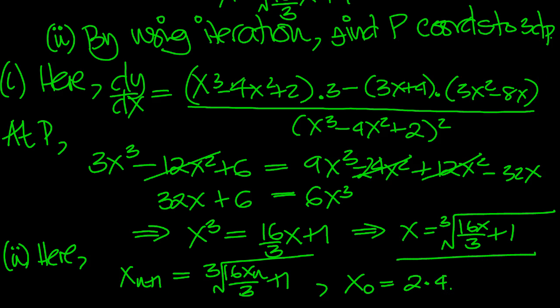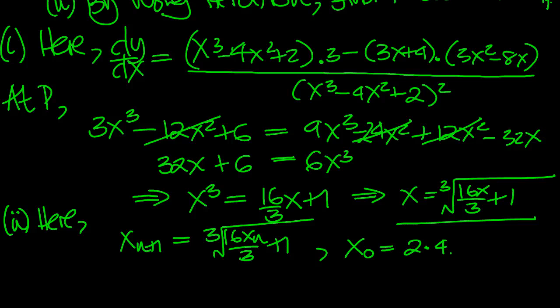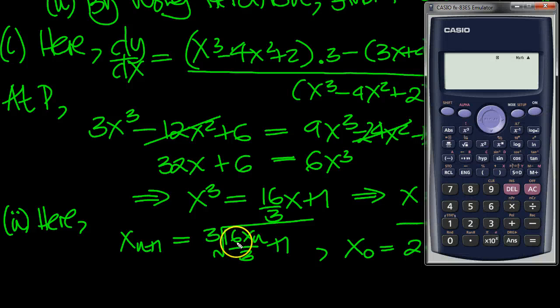So let's try that in the calculator then. Cancel first. Put 2.4 into the answer by pressing 2.4 equals, and that will give us in memory under Ans.